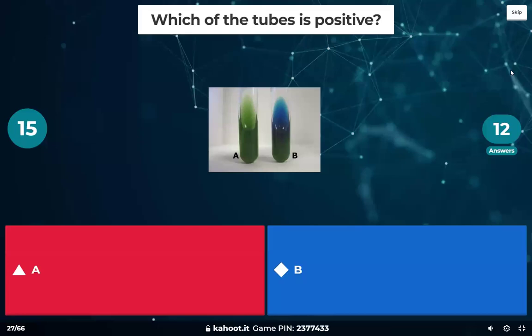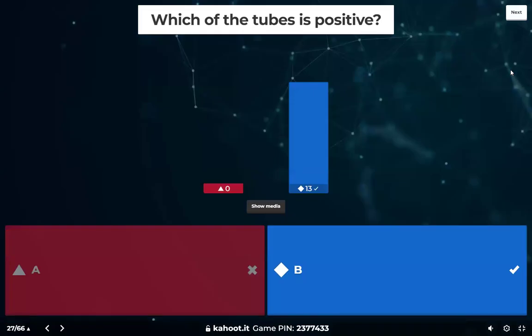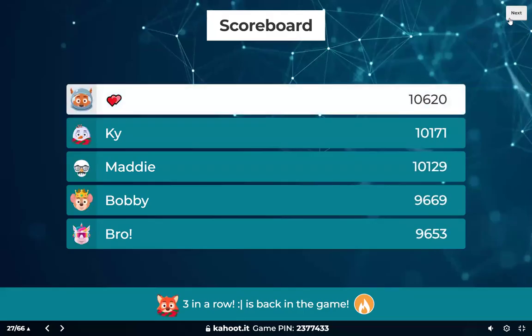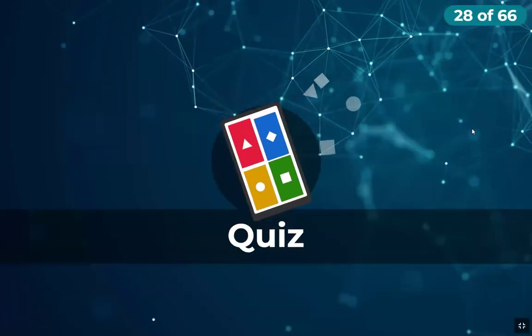The blue means you have an alkaline byproduct. All of these always start out as neutral. Blue means base. Because I might just put a blue tube and a green tube and ask, which one's the positive one?